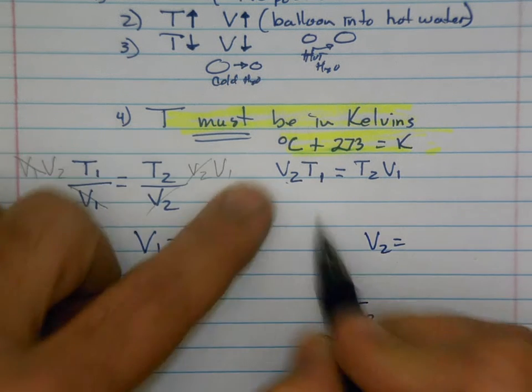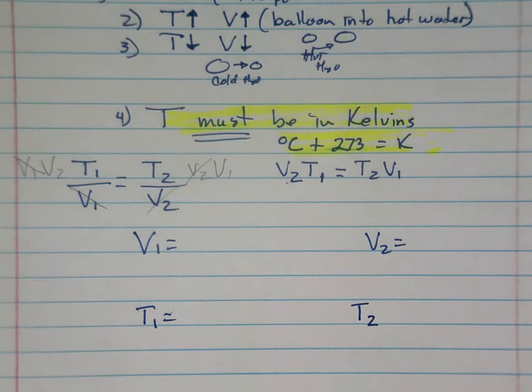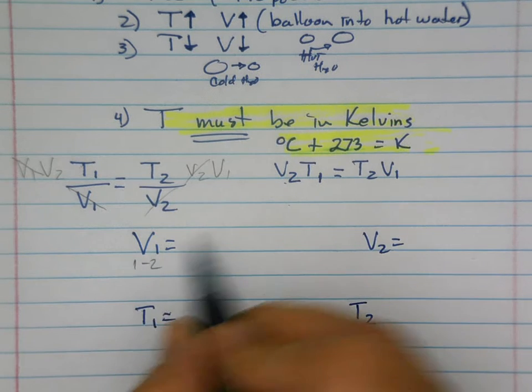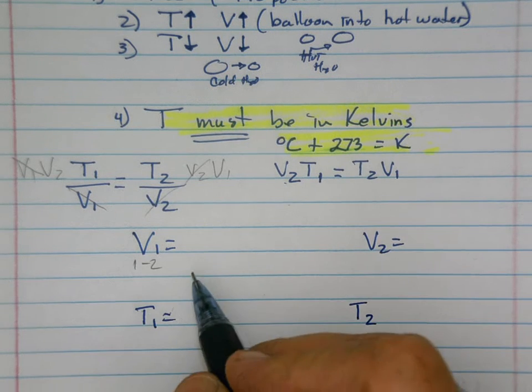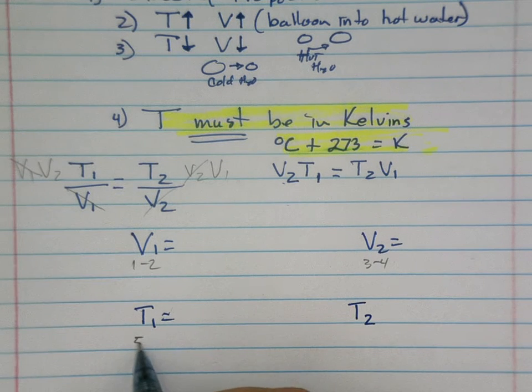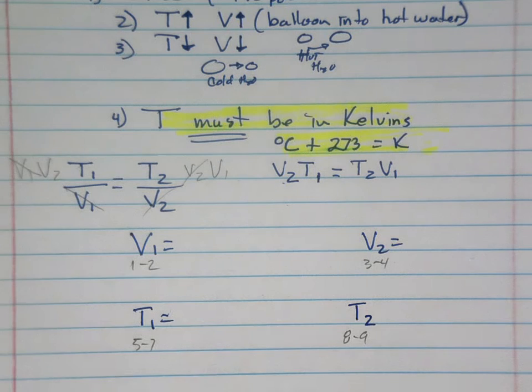So you're going to have to rearrange these equations. I'll have groups 1 through 2 on your whiteboards rearrange algebraically to solve for this one, and then 3 through 4, and then groups 5 through 7, and then groups 8 through 9. I'll have you rearrange those.